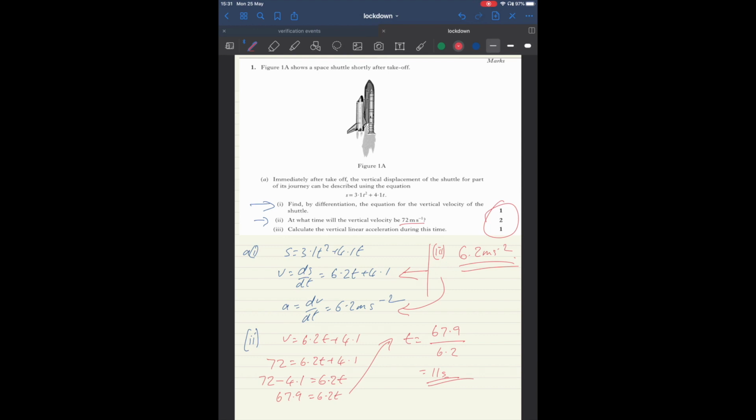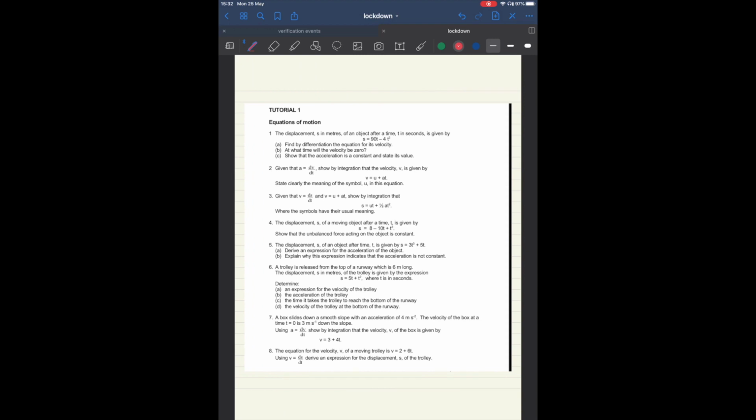It's quite straightforward. The work I'm going to get you to do in your virtual classroom is page 17 of the notes I'll attach in the team, questions 1 to 8.